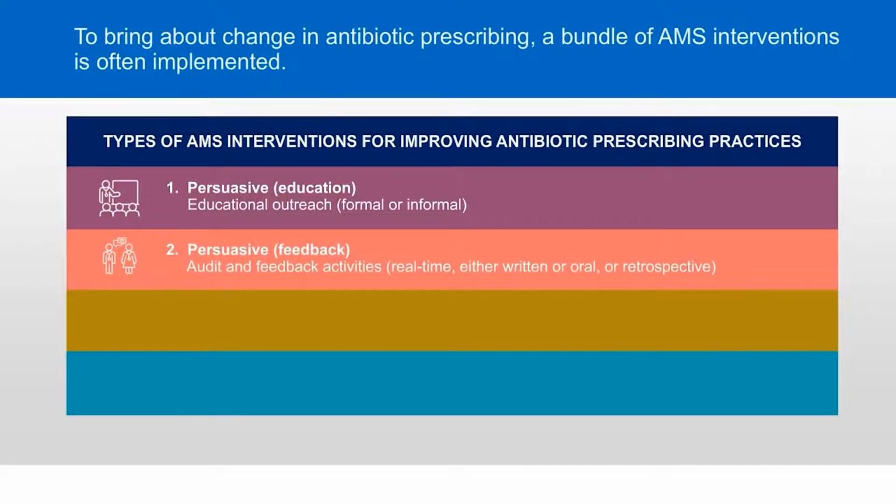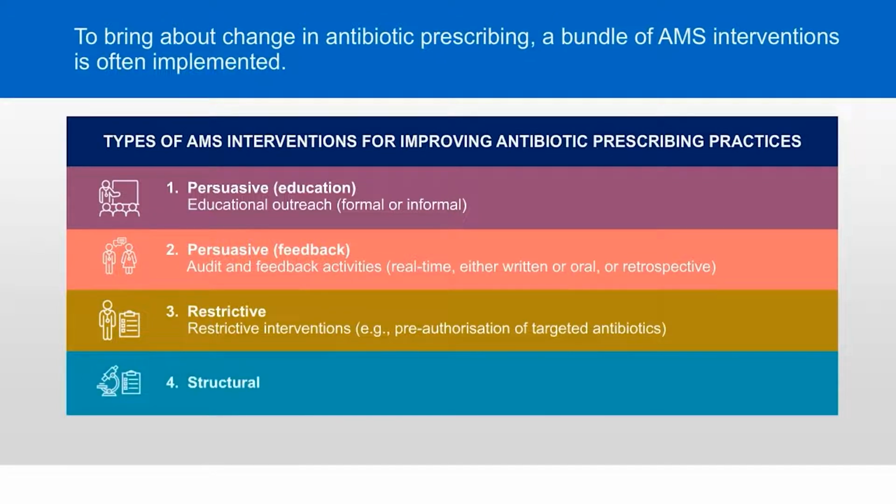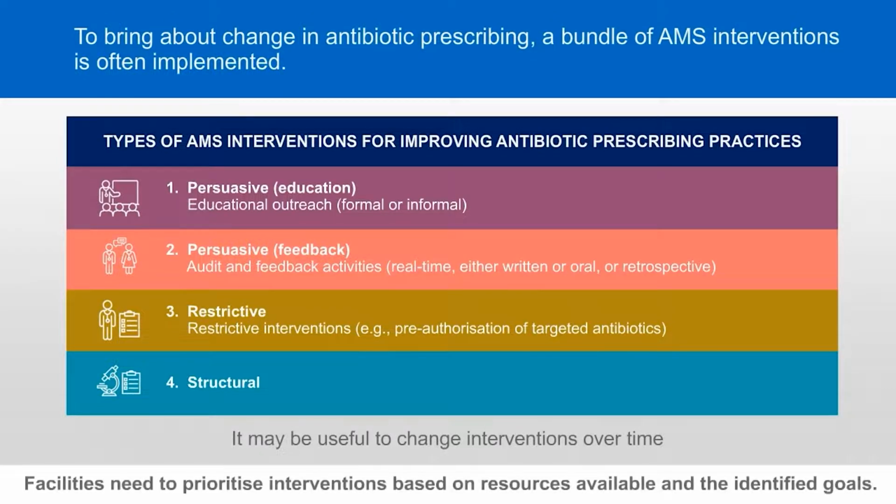Persuasive feedback, which includes audit and feedback activities, real-time, either written or oral, or retrospective. 3. Restrictive interventions, for example, pre-authorization of targeted antibiotics, and finally, 4. Structural. It may be useful to change interventions over time. Facilities need to prioritize interventions based on resources available and the identified goals.